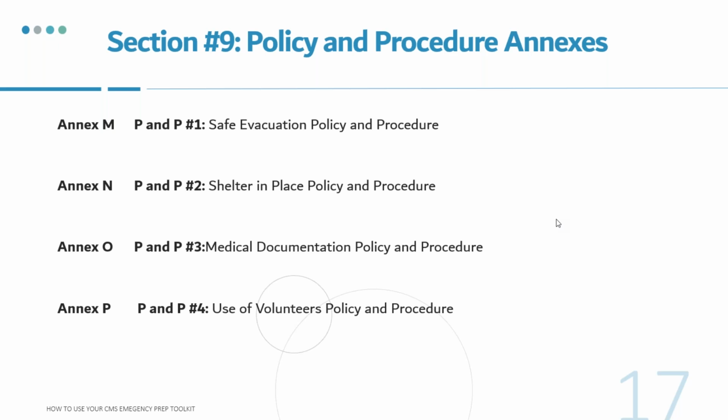FQHCs, federally qualified health centers, as an example, only need these particular policies and procedures. They need safe evacuation. They need to know how to shelter in place. They need medical documentation, and they need policies for the use of volunteers, which is actually medical credentialing. These policies and procedures really guide you through that process.